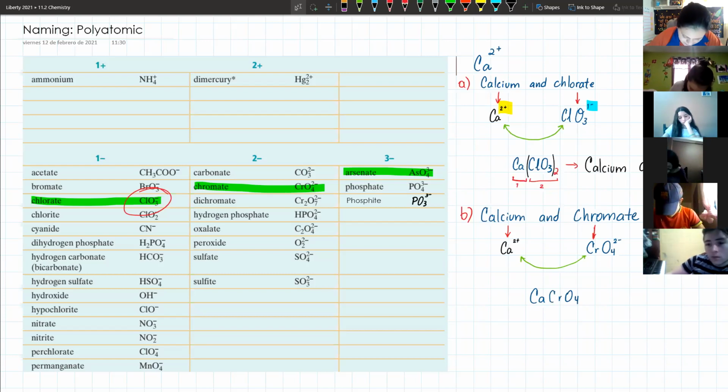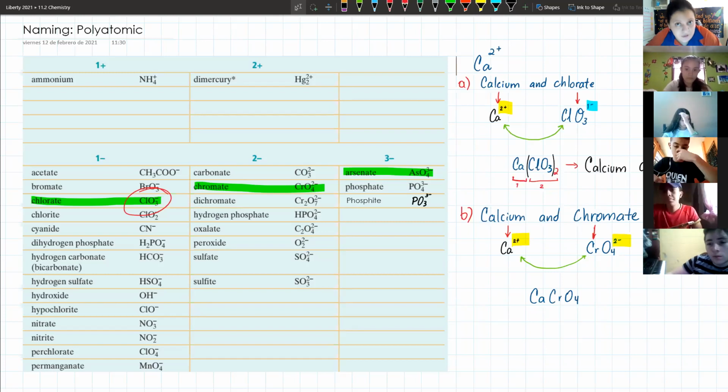Now, we have CaCrO4. What happens with these charges? 2 plus and 2 minus. We cancel them because they are the same number but have different symbols.